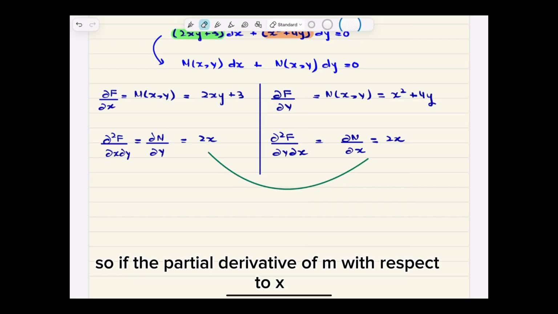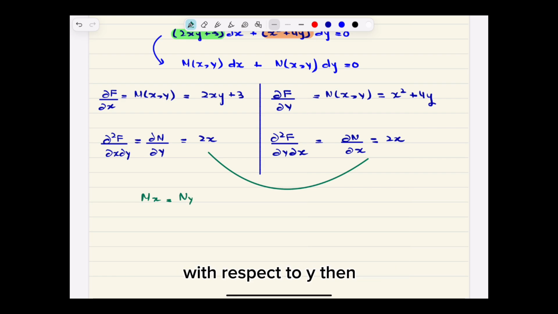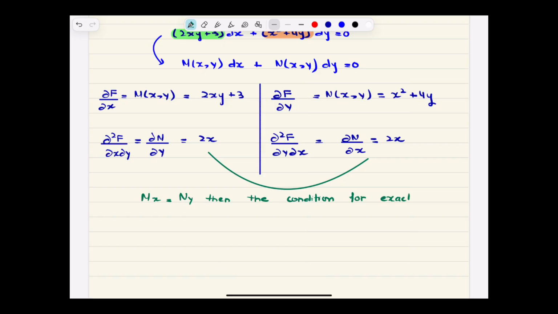So if the partial derivative of M with respect to y is equal to the partial derivative of N with respect to x, then the condition for exactness is satisfied.